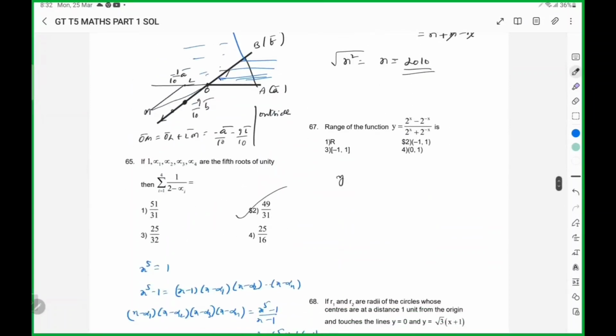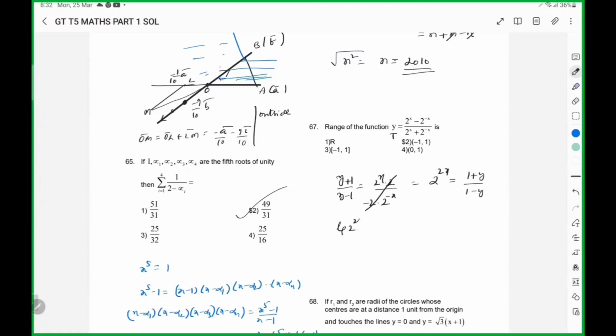Range of this function: apply componendo and dividendo. So adding these two, you get 2 into 2 power x minus 2 into 2 power minus x, 2 power 2x, 1 plus y by 1 minus y.